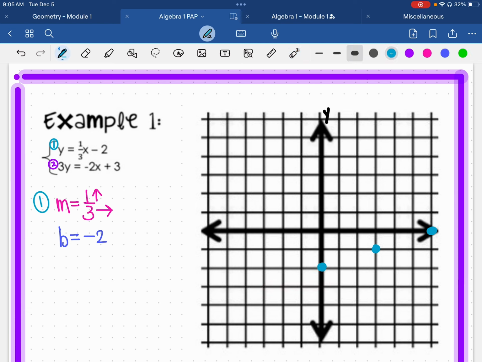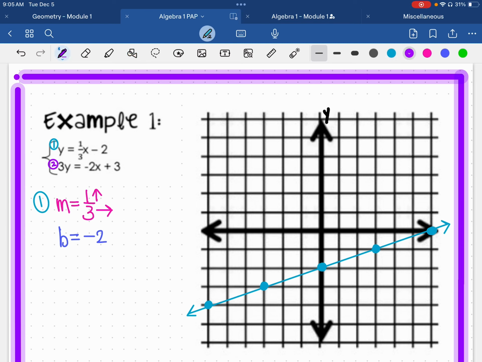I'm going to do this so that I can ensure that I have the straightest possible line. I can connect them together with my ruler. There we go. Perfect. And there's equation number 1.